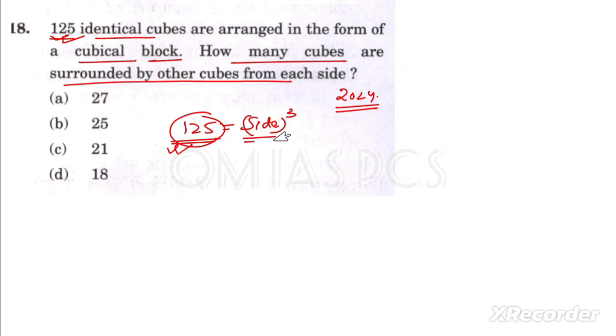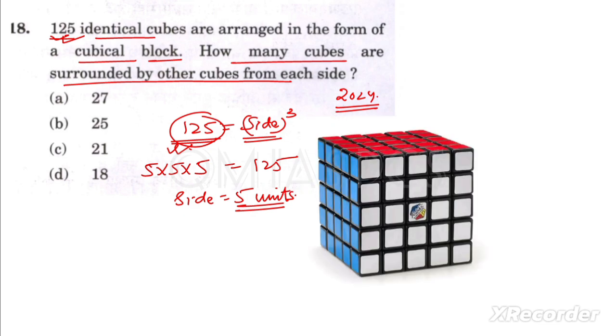So you know that the side will be 5 multiplied by 5 multiplied by 5, and that is 125. That means side is equal to 5. 5 units means 5 cubes. So actually the picture will be like this one.